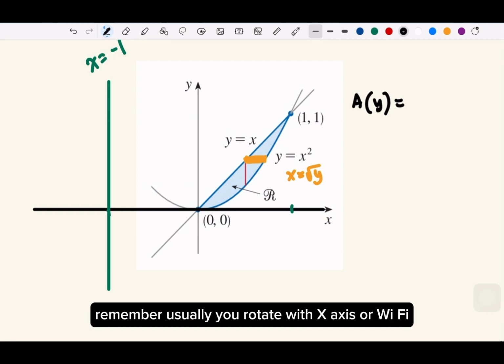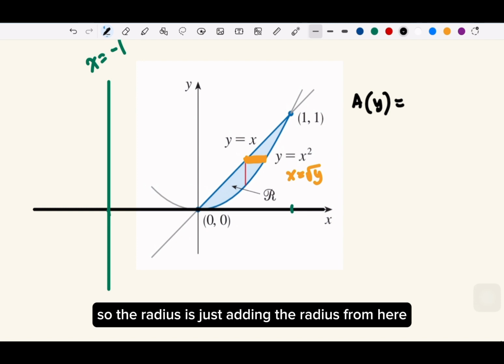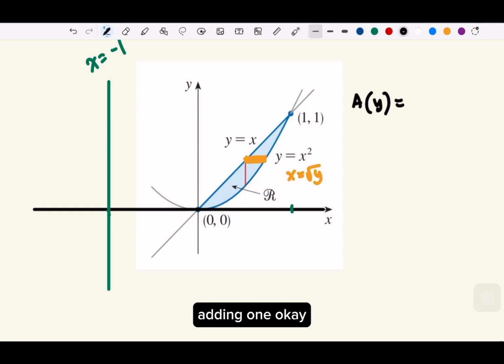Remember, usually we rotate with the x-axis or y-axis. If we rotate through this, then we have some additional distance. The distance here is 1.